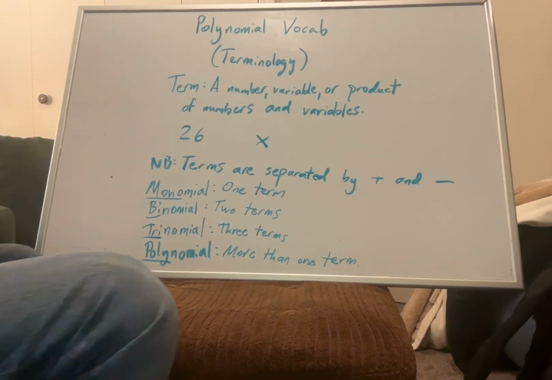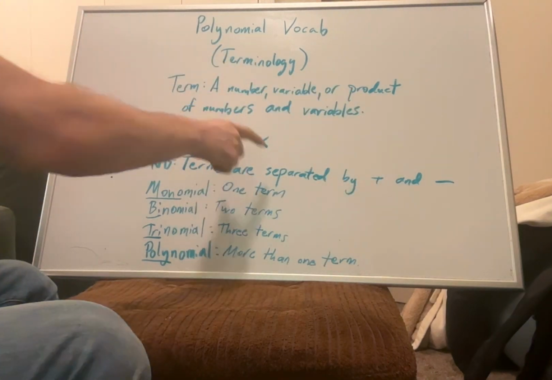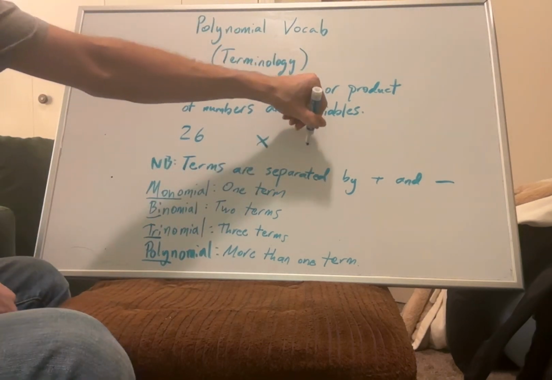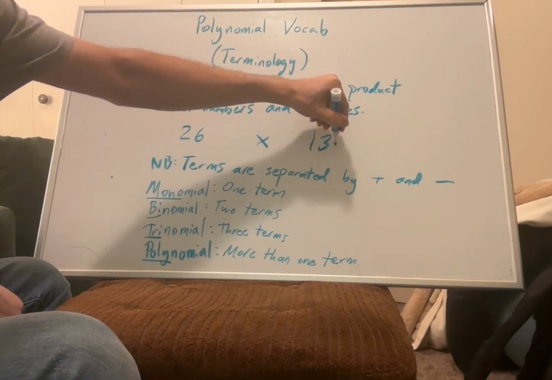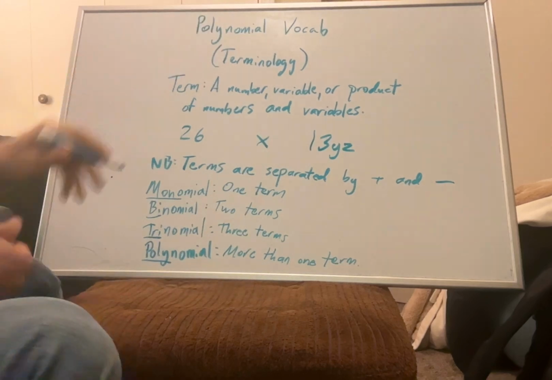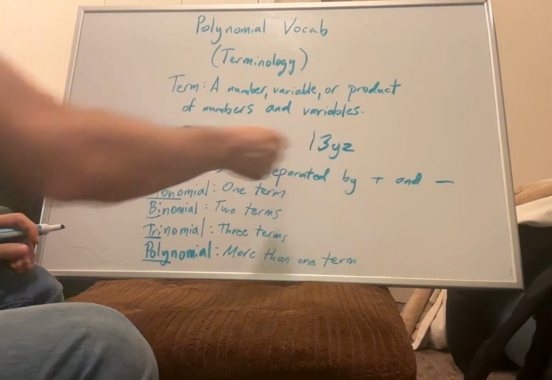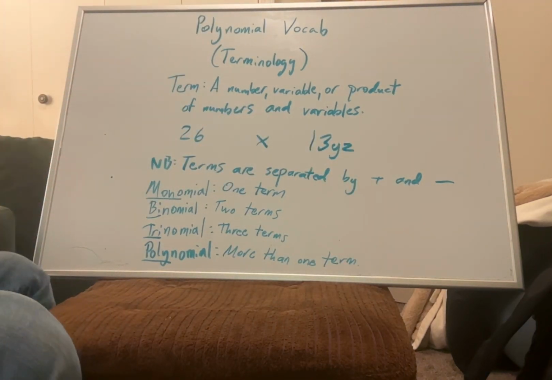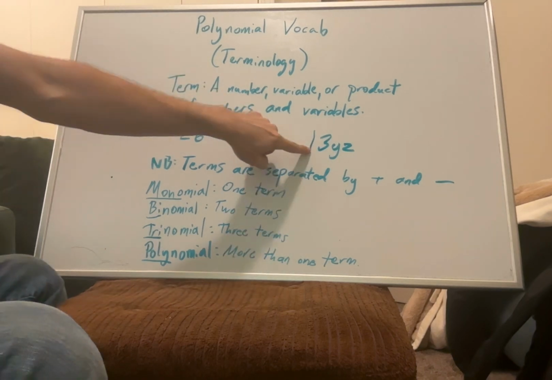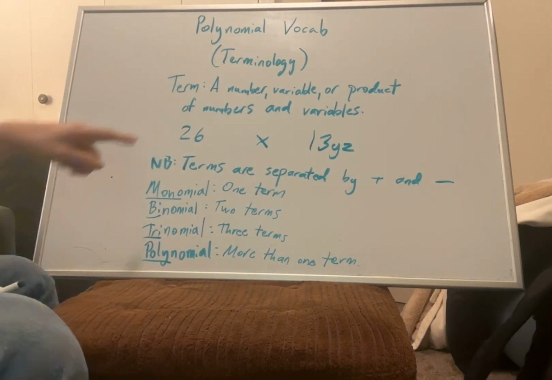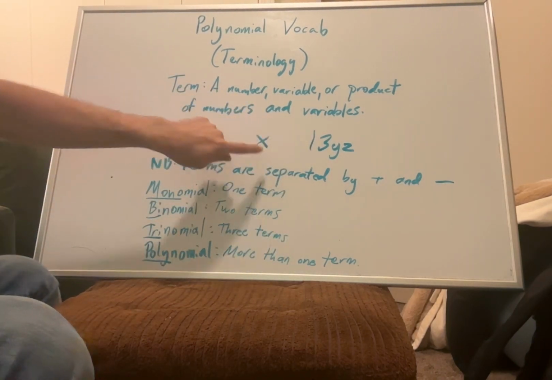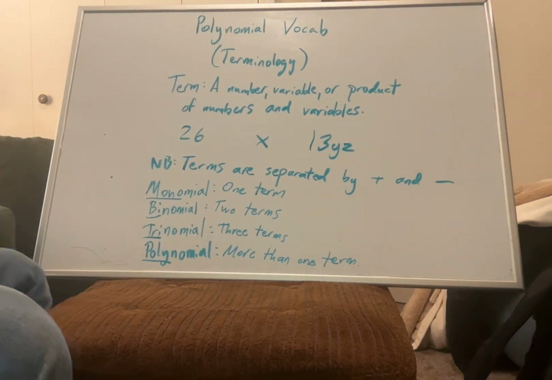Lastly, we could have a product of numbers and variables. So I could have 13 times y times z. Since this is all a product, we have combined them all together. This would also be considered an individual term. So each of these individually would be considered a term.